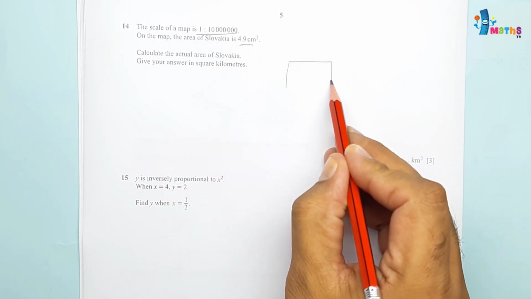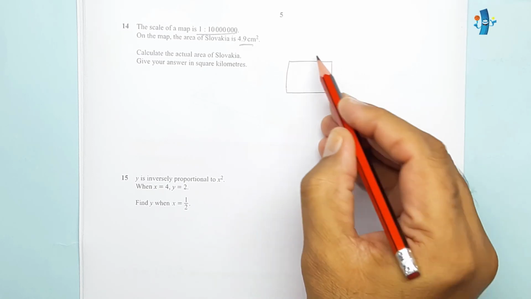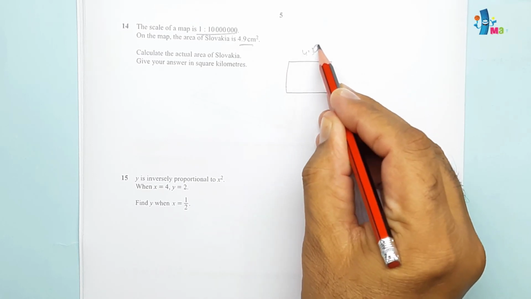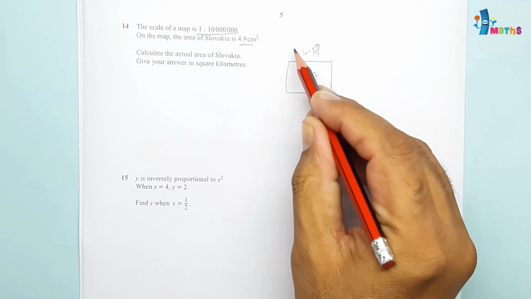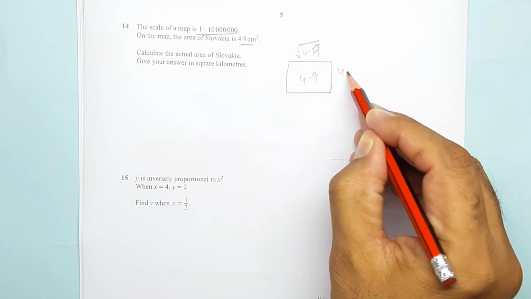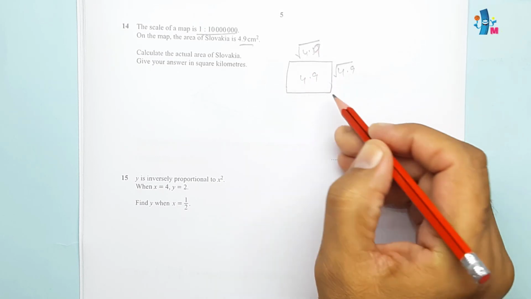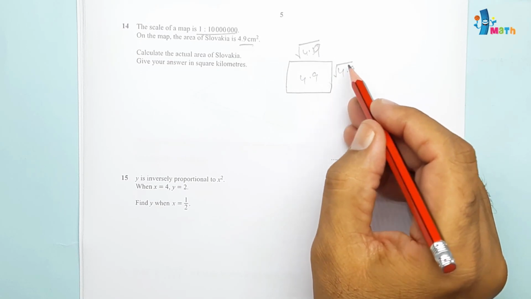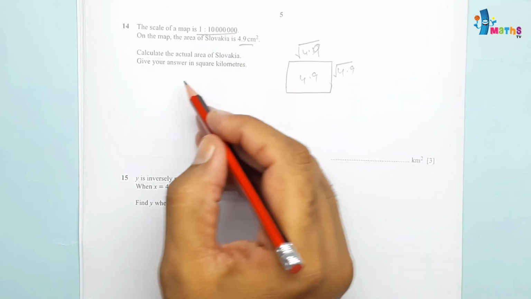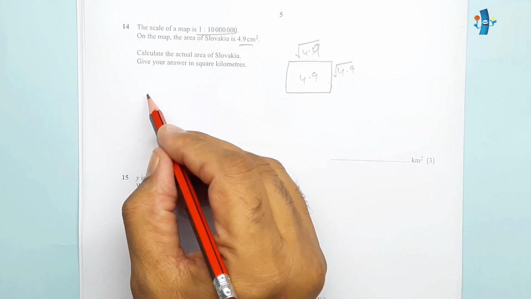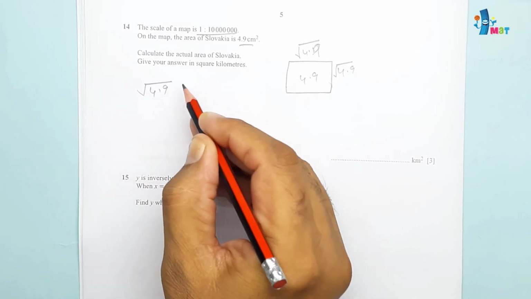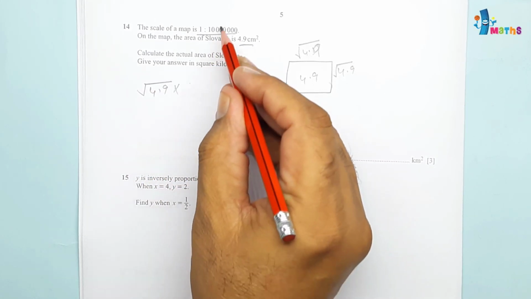consider this like a square of area 4.9. It means each side is square root of 4.9. And to check the length by this conversion ratio, we can write root 4.9 into this number.